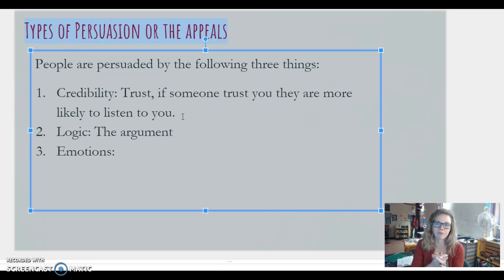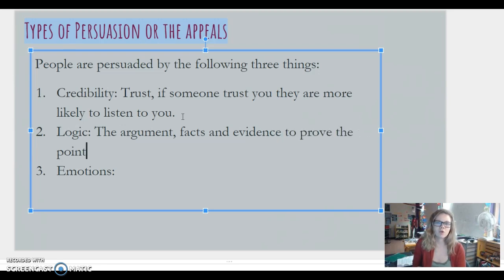You might want some facts and evidence to prove the point. Okay? This is where we are talking about using textual evidence. This is where we're going to use evidence from experts and people who know better than we do that prove our point. So if we use evidence from a book, it's hard to argue against that because the book really did say that, okay? So this is the logic.